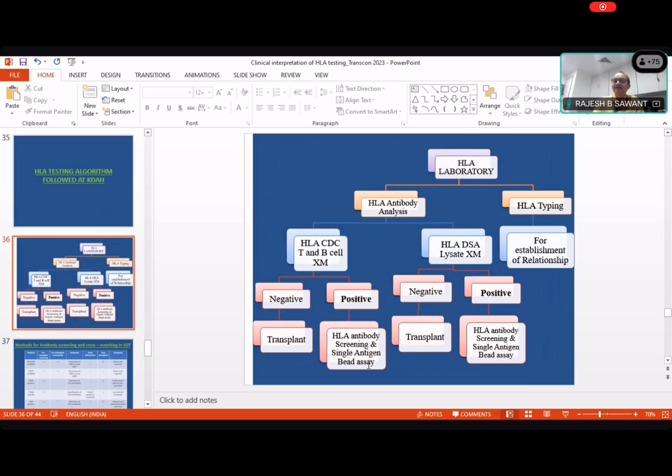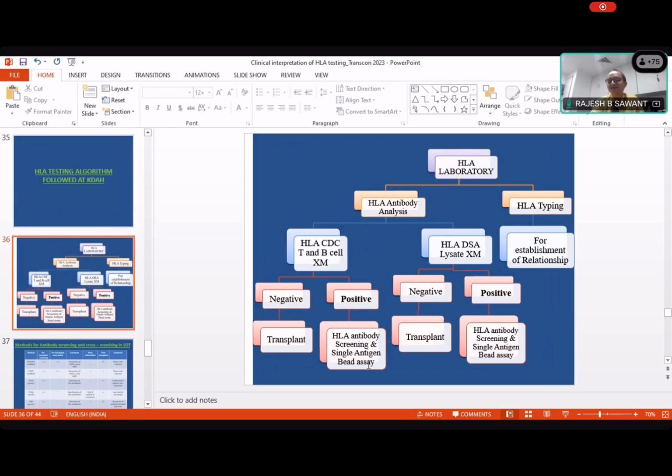So there is antibody present in the patient, true, but it is not donor specific. So even though the antibody is present, it may not be of clinical significance. But if that B52 is present in the donor, then it is donor specific and it is going to cause problems. So you start your desensitization, then repeat your test and look at the effect of your desensitization. If it has occurred properly, then you can go ahead with the transplant.